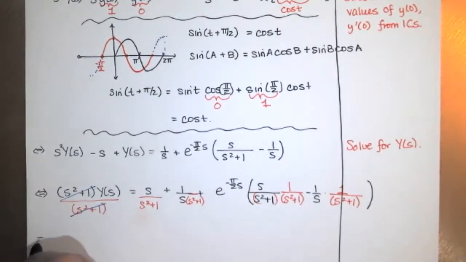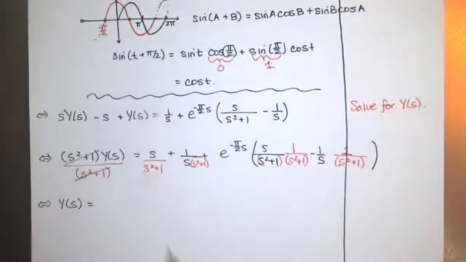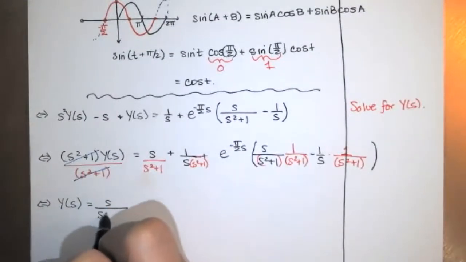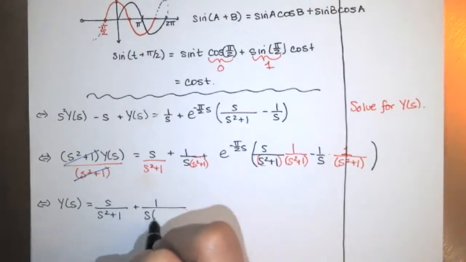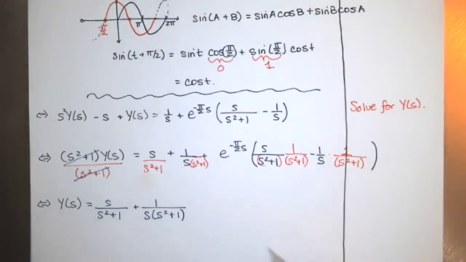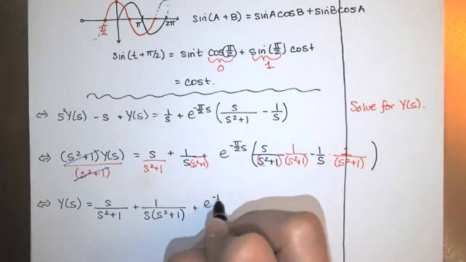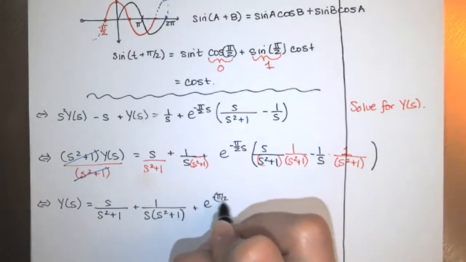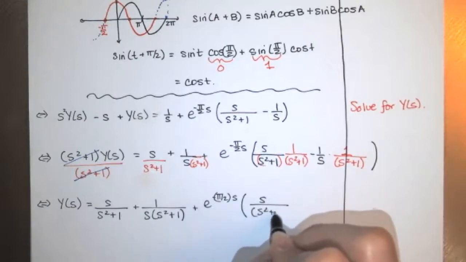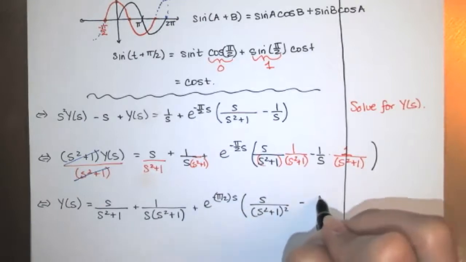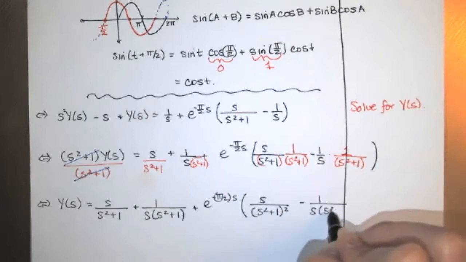So if I simplify, this becomes this. We have y of s equals s over s squared plus 1 plus 1 over s times s squared plus 1 plus this exponential times s over s squared plus 1, quantity squared, minus 1 over s times s squared plus 1.